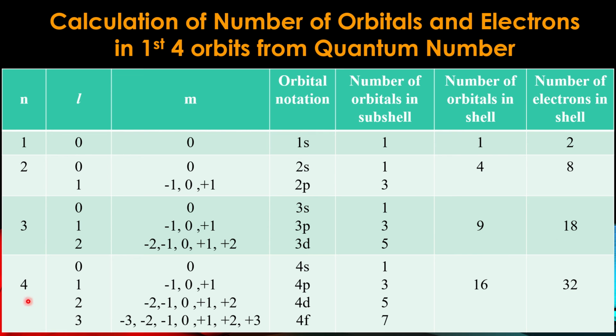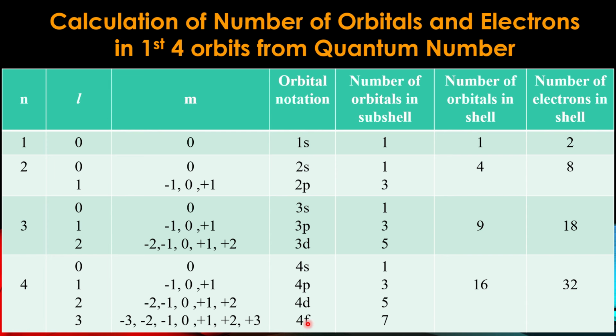In fourth shell, when n equal 4, L has 4 values 0, 1, 2, 3. And 0, 1, 2, you know these are. And for L equal 3, m equal total 7 values -3, -2, -1, 0, +1, +2 and +3. So, which type of orbital is this? L equal 3.